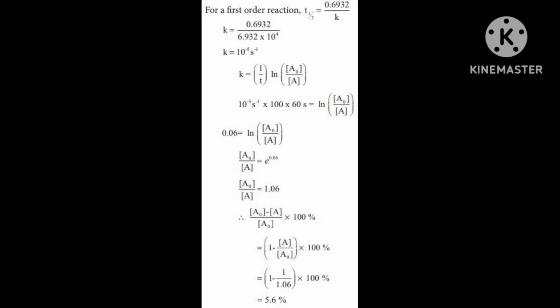Now what will be the N2O5 concentration at time t? You have considered 0.5 minus 2x at time t. Now you put the value of x you have calculated, x is equal to Pt minus 0.5. Put that value here, then we will get the pressure of N2O5 at time t.